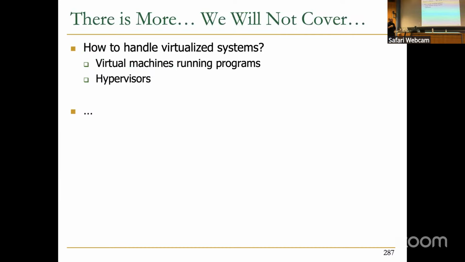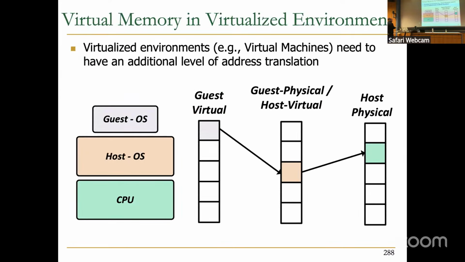There is a lot more, which of course we cannot cover in one lecture. It's about how virtual machines handle translation. It's about how hypervisors handle memory allocation. For example, in virtualized environments where you have virtual machines, the virtual machine has its own virtual address space. And there's an additional level of translation because you have a guest operating system with its application having a guest virtual address, and a host operating system.